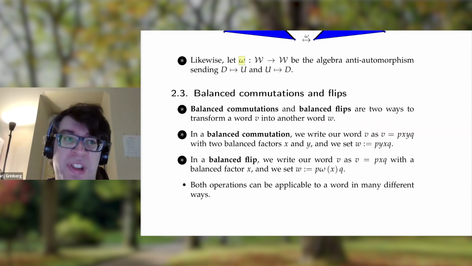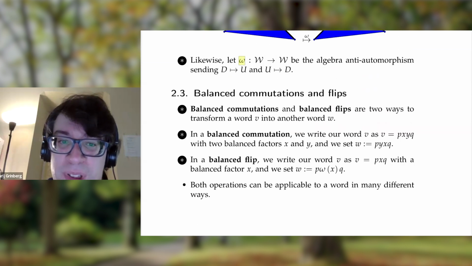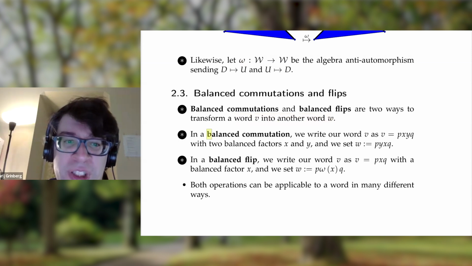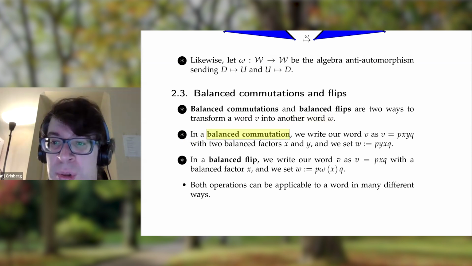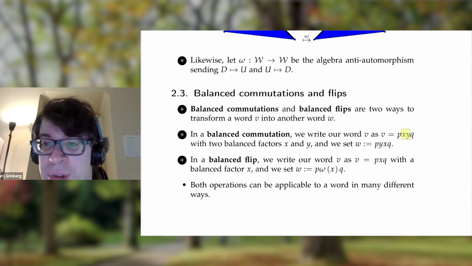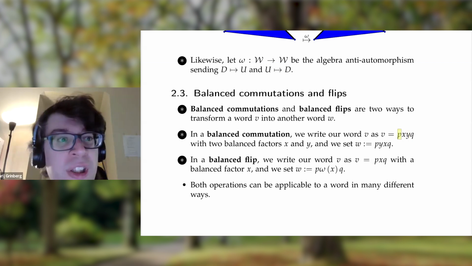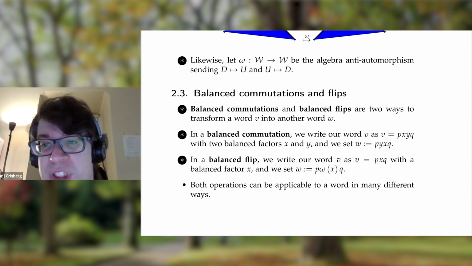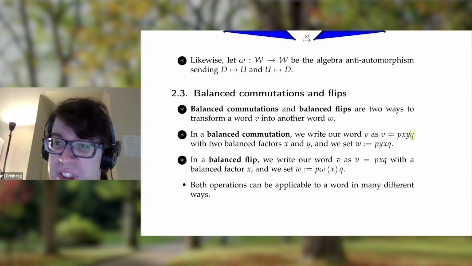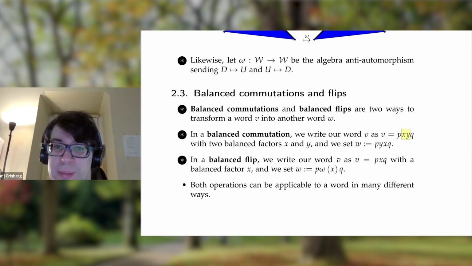Now, here are some subtler things that you can do with words. You can transform words into other words. There are two ways to do this. A balanced commutation means you find two consecutive factors that are both balanced, x and y. So you write your word as some word p times some balanced word x times some balanced word y times another word q. We are not requiring that p and q are balanced. P and q can be arbitrary. It's the intermediate factors that must be balanced.